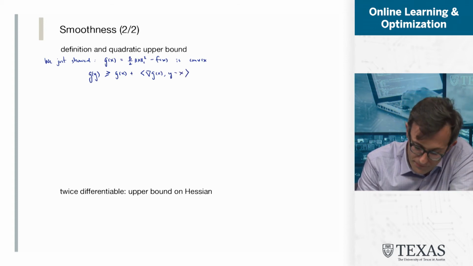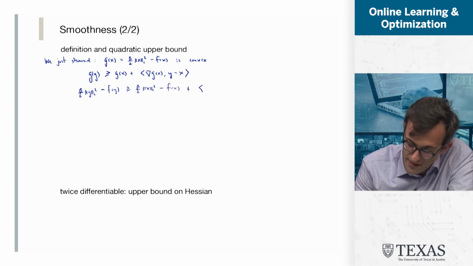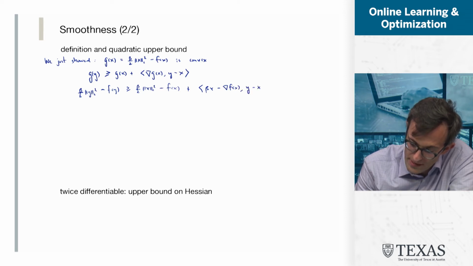This tells me that beta over 2 y squared minus f of y is greater than or equal to beta over 2 x squared minus f of x plus the gradient of g of x, that's beta x minus gradient of f of x, times y minus x.